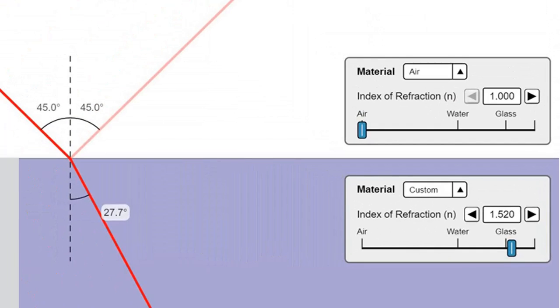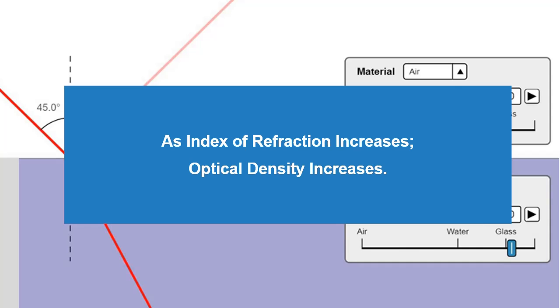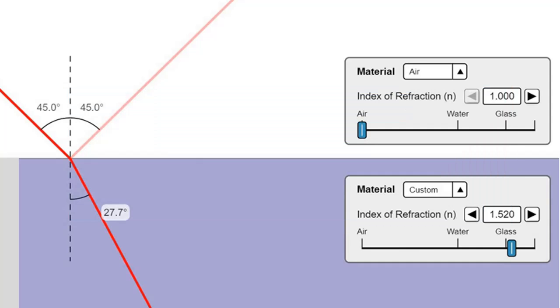And while we're still looking at this picture, I want to point out another term. It's called optical density, and it's related to the index of refraction in the following manner. The higher the index of refraction, the higher the optical density. What does that actually mean? Well, let's take this as an example. Air has an index of refraction of 1. The second medium has an index of 1.52.